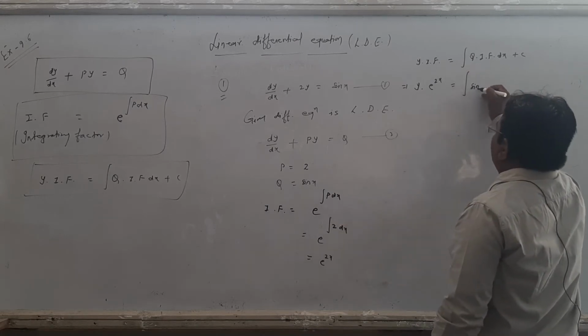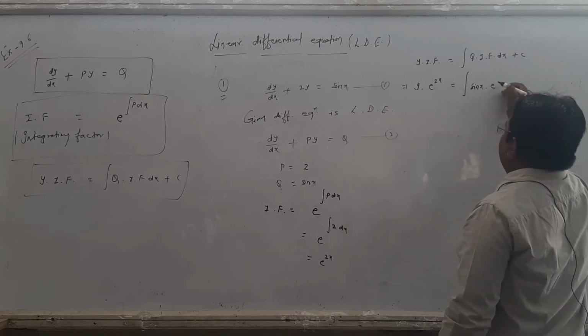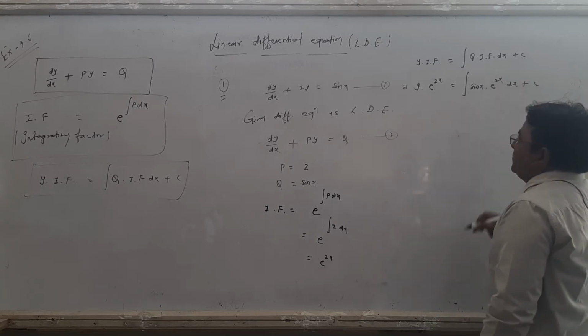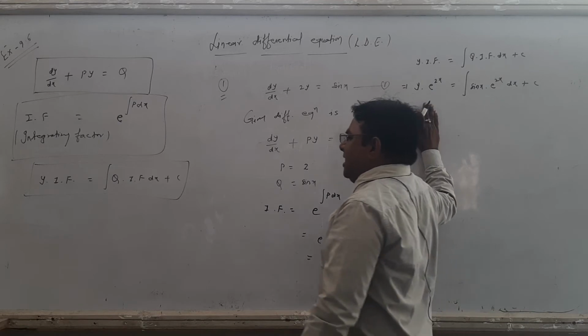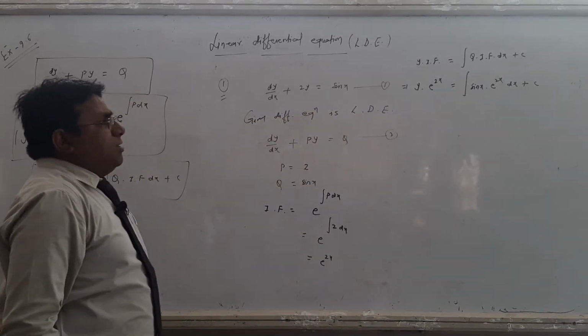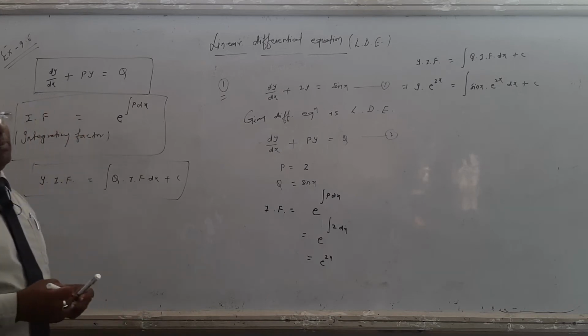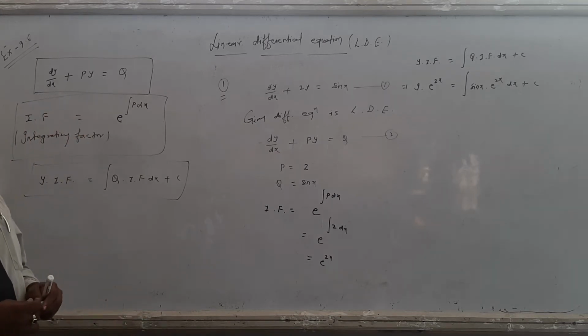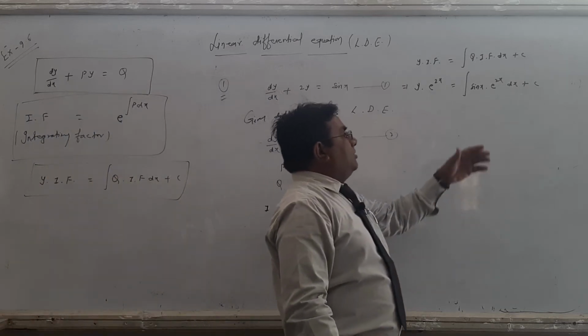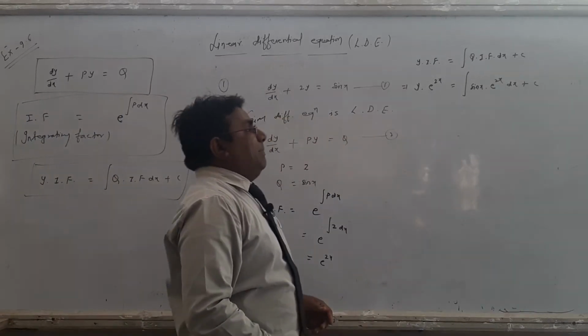IF is e raised to power 2x dx plus c. The left side is as it is, but only integration of the right hand side, right? Student, you can do this integration only when you know 7th chapter integration. And in 7th chapter integration, for this question, when two different functions are in product form, then apply integration by parts.